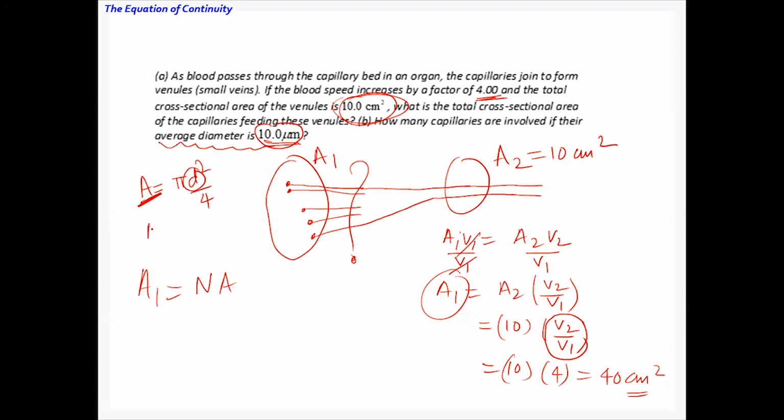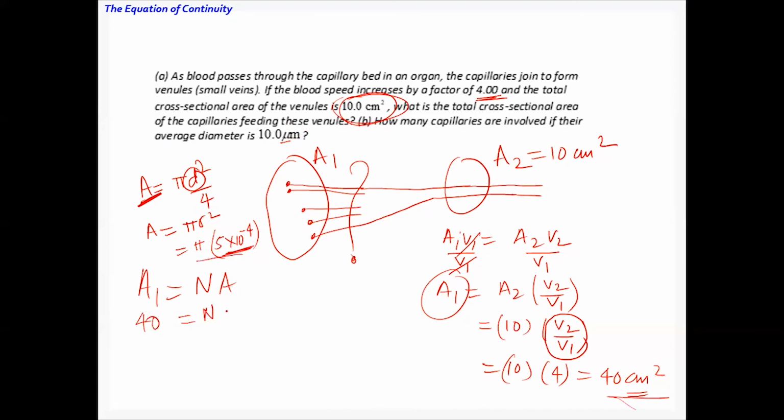Or if you want to use a radius, you have to use pi r squared, right? Okay, so if the diameter is 10, what is the radius? Pi times 5 times 10 to the minus 4, right? This is how you convert your micro to centimeter. Then A1 is 40, as you know here. Then N is what we need to figure out.